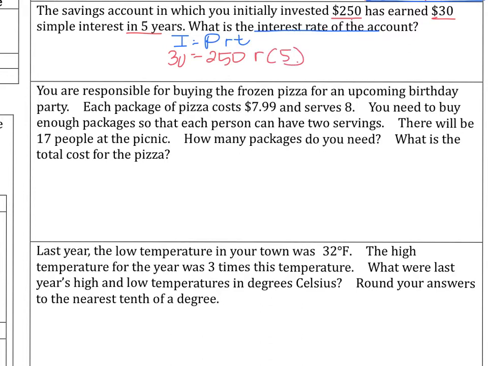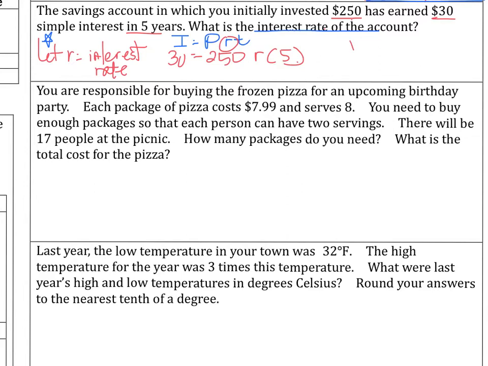And now we need to calculate R. Let R equal the interest rate. Again, I highly recommend that you write this step. Okay, so now we can do the math.